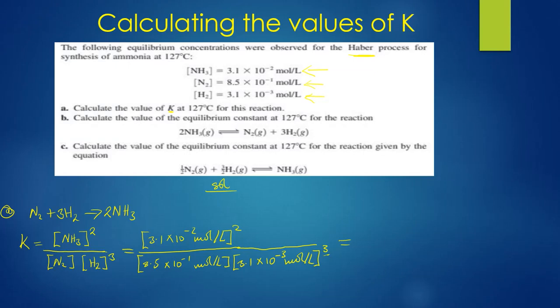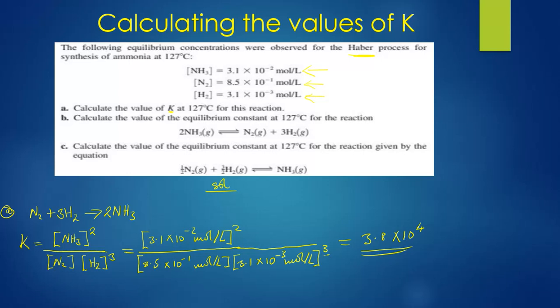After doing all the calculations, you're going to have your K to be 3.8 times 10 to the power 4, without units. So K is without what? Units.